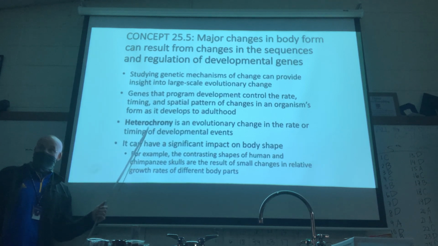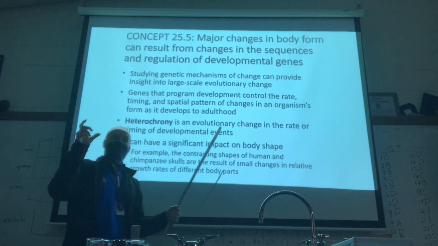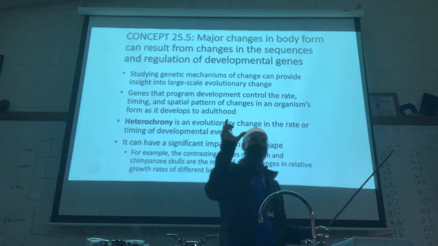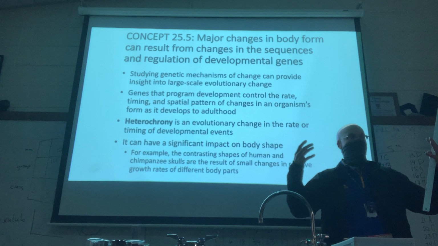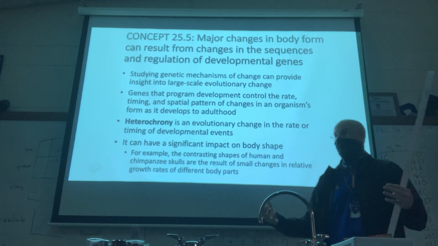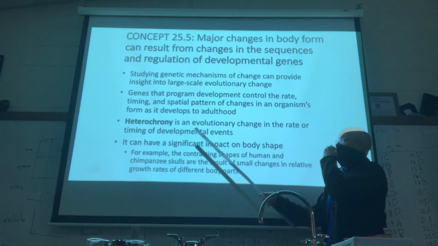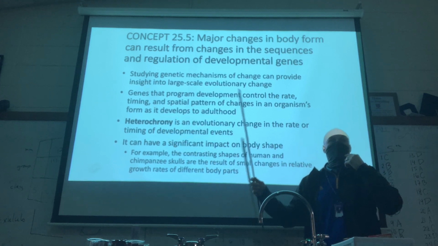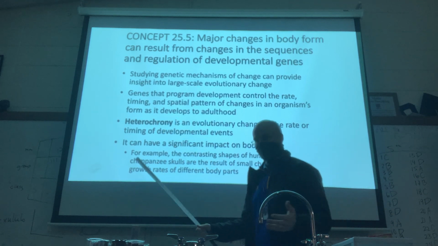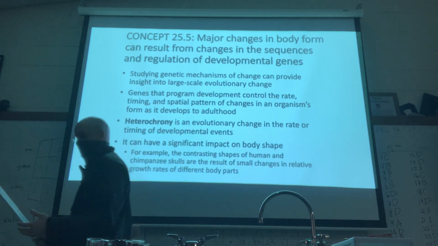There are genes that control kind of the timing of the development of the individual. And it's genes that can have major influences like this that can allow for what we call speciation events.